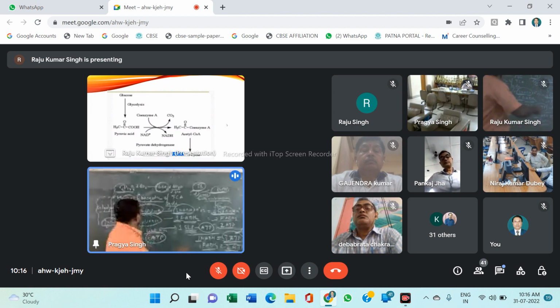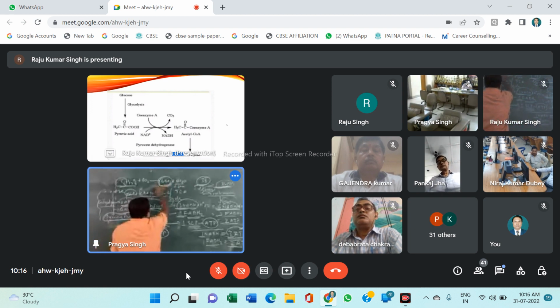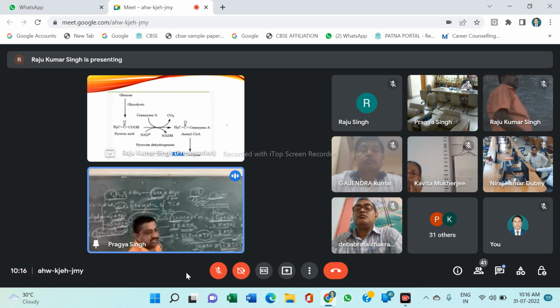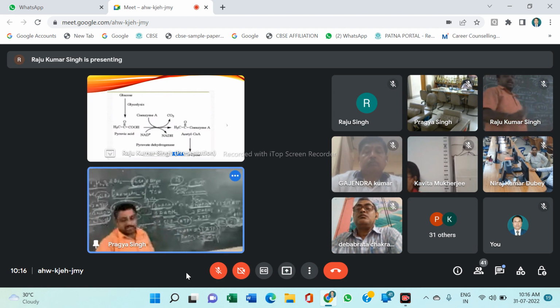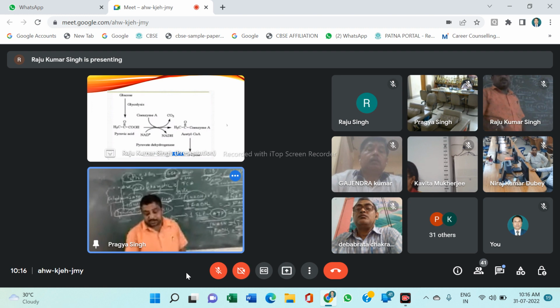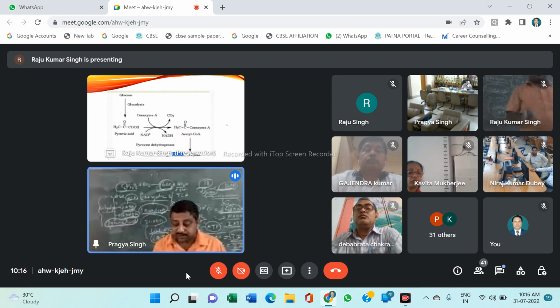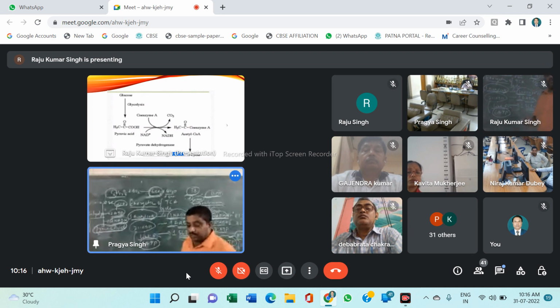So all together we are having 6 CO2 which is being formed here. And complete oxidation is taking place in the Krebs cycle here. So this is all about the Krebs cycle process.